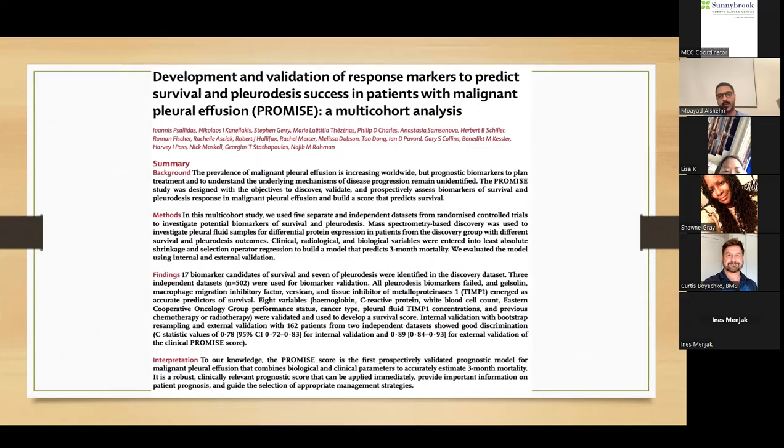Now we have tools, we have ways, we know roughly what we do, and we learn all the time. So knowing what we know now, are there ways to further prognosticate a patient and accordingly help them make decisions?